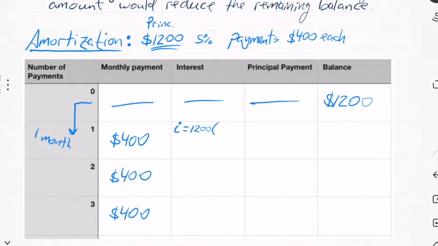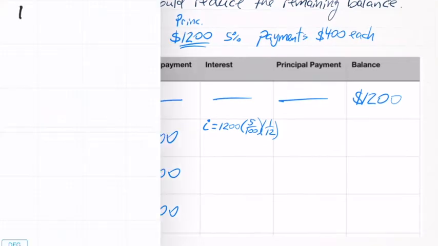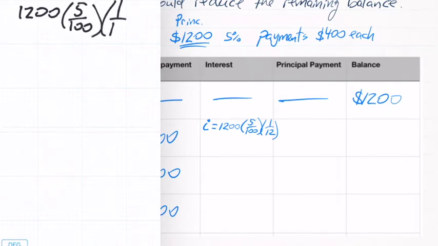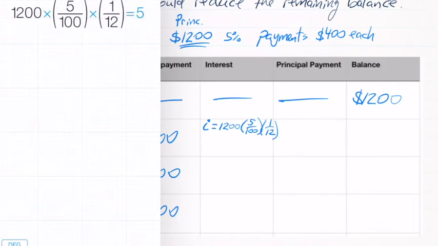The interest rate is 5%, and the time is 1 month out of a year. So we get 1,200 times 0.05 times 1/12, or 5 over 100 times 1/12, for a grand total of $5 of interest. So the amount of interest that we're going to owe for that first month is $5.